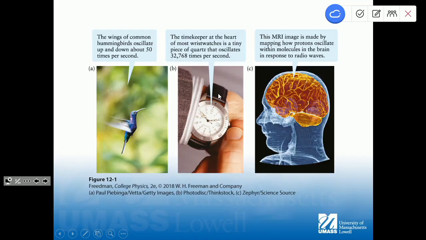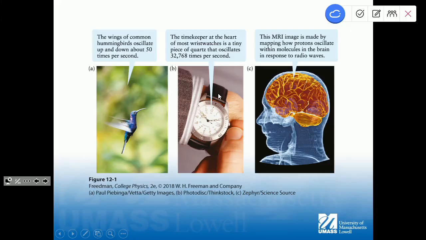You put these protons in a big magnetic field and then you excite them with an oscillation, and then they oscillate at specific frequencies which correspond to their natural environment. So hydrogen in blood versus hydrogen in different kinds of tissue oscillates slightly differently. So you can tell based on the oscillation what it's oscillating in, hence you can create an image. Obviously, the process is a lot more complicated, but that's the basic idea.